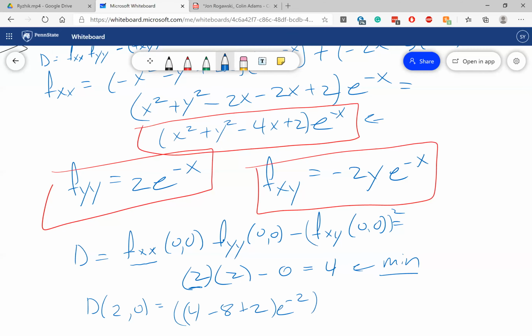This is going to be negative 2. So negative 2 times, and then for the second one, we're going to have 2e to the negative 2 minus 0 squared. So this is going to be negative, and whatever. So this is less than 0. So we have a saddle.